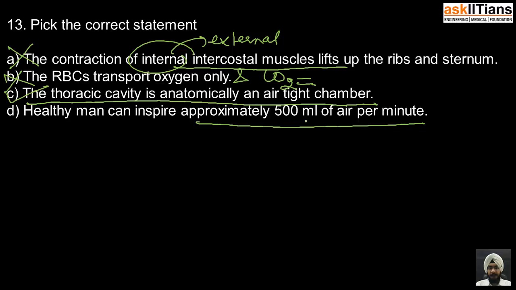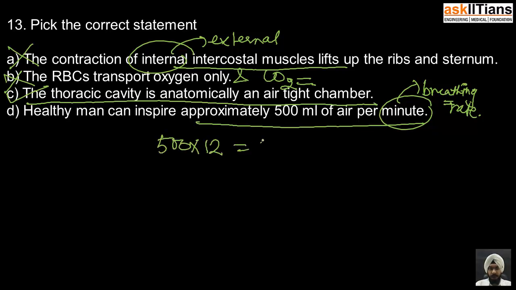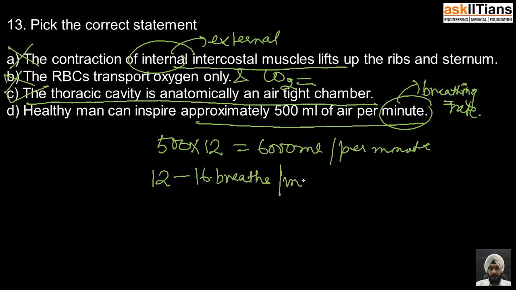Actually it is 500 ml of air per breath, you can say per breathing rate. So actually speaking, it is 500 into 12, which is 6000 ml per minute, because the breathing rate is around 12 to 16 breaths per minute.